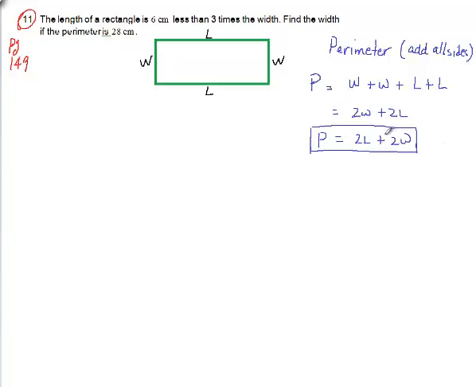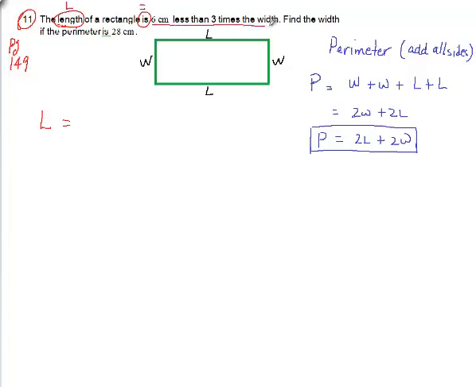In order for us to do this problem, we're going to need that idea of perimeter. Let's go back and look at the specifics of this word problem. The length, called L in our diagram of a rectangle, usually translates to equals, so we have L equals 6 centimeters less than 3 times the width.